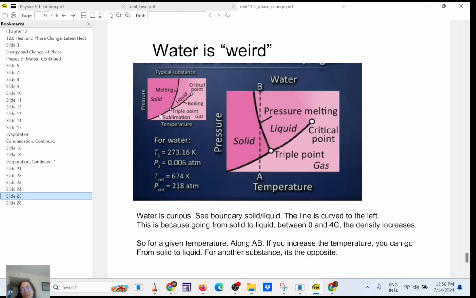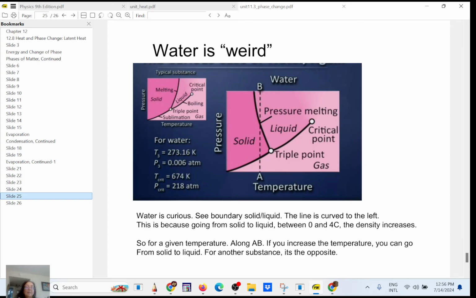You see how for all the substances, you have this line here between solid and liquid curved this way, but solid-liquid for water will be curved in the other way. And that's because for water, you remember that solid has less density than liquid.